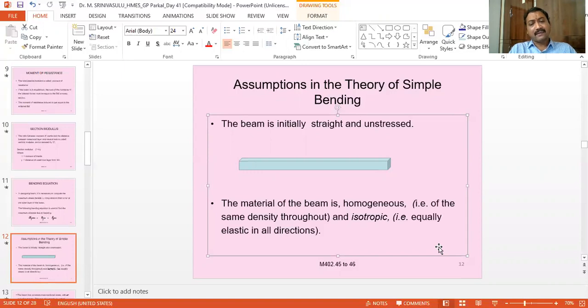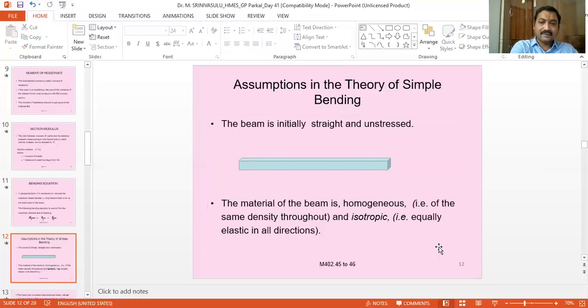That means it should have equal elastic properties in all directions, whether in compression or in tension. So the second point is that the material of the beam must be homogeneous and isotropic.